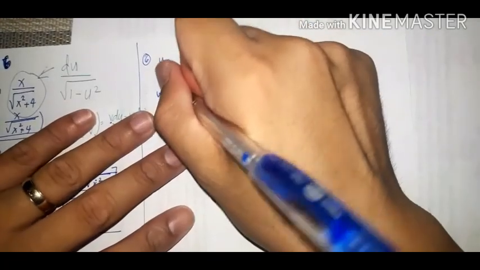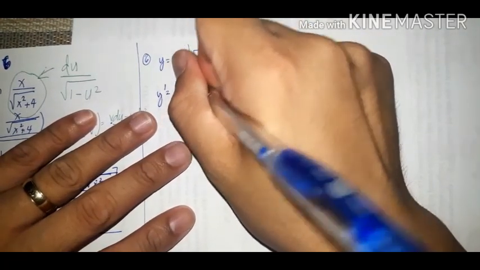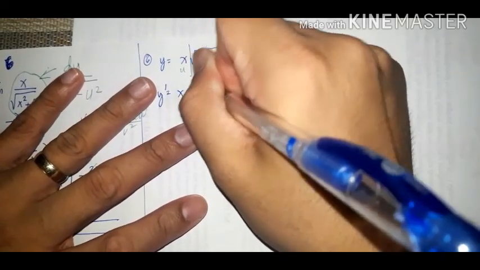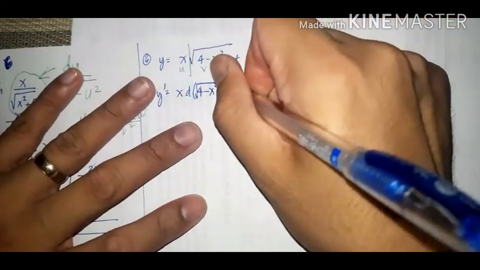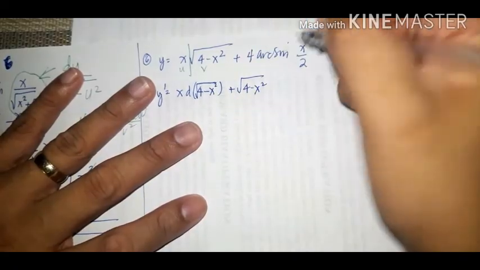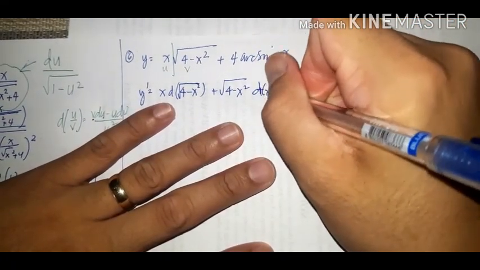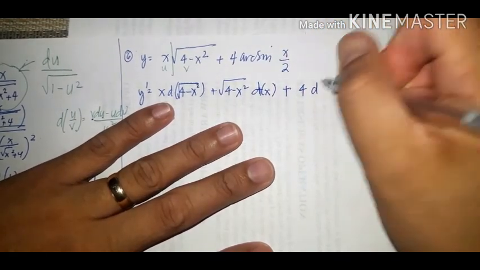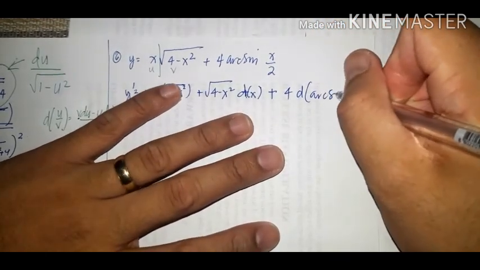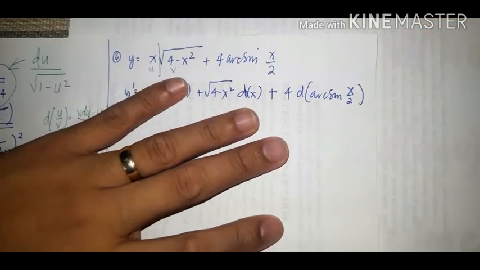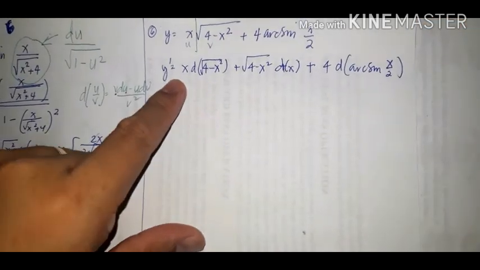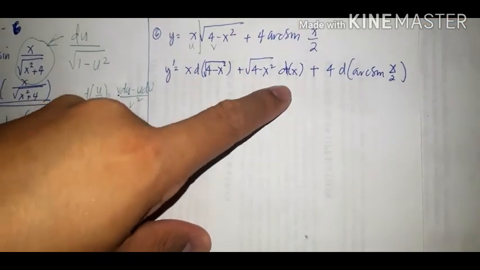So, this is x times the derivative of 4 minus x squared square root plus square root of 4 minus x squared times the derivative of x plus 4 derivative ni arcsine. So, this is derivative of a product, udv plus vdu.